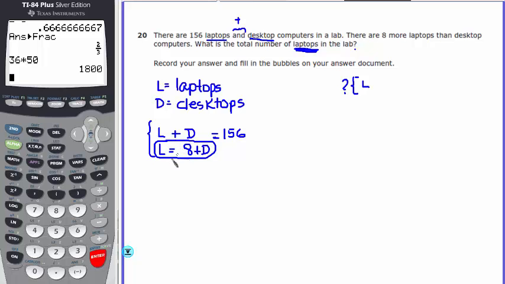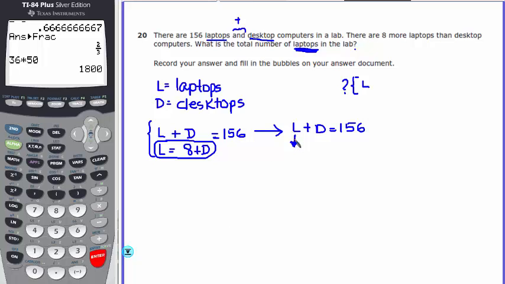Okay. And what I'm going to do with this information is substitute into the first equation. Basically, I'm going to copy this equation right here to the side, and using that information right here that I circled, I'm going to substitute. Who am I going to substitute? Well, the letter L is alone, so that's the one I'm going to substitute. I'm going to change colors here just to illustrate, okay?